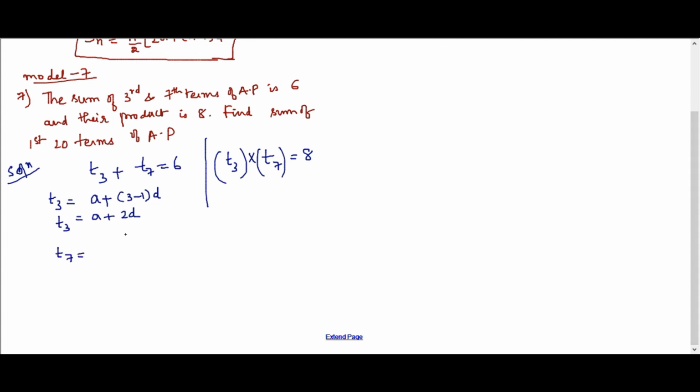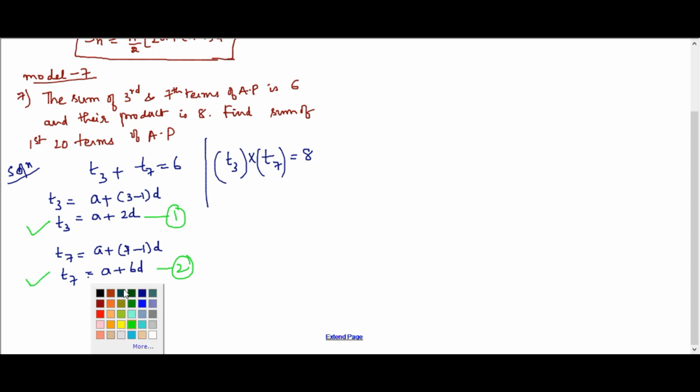I can write A plus (7 minus 1) into D, which will become A plus 6D. So T7 is A plus 6D, and T3 is A plus 2D. I'll mark these with another color so that you can see them. I want these two for solving.